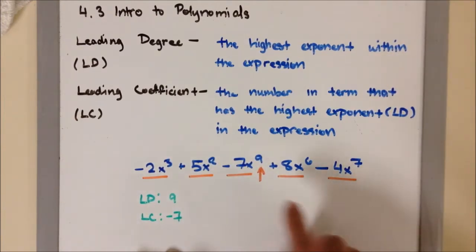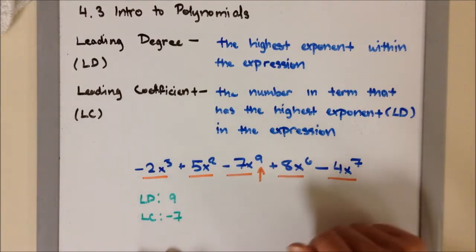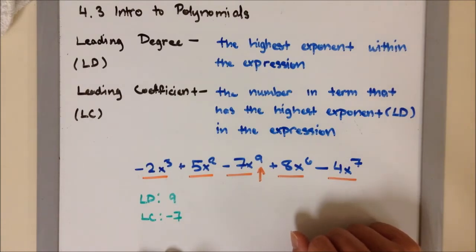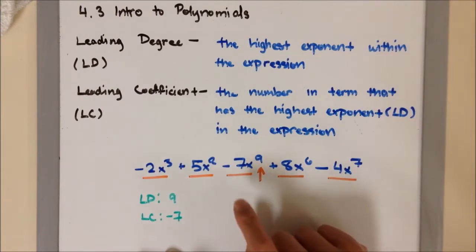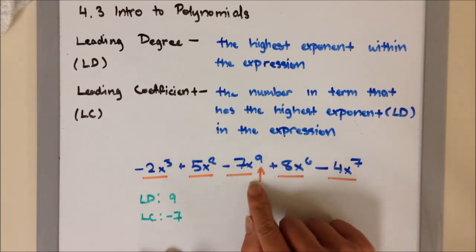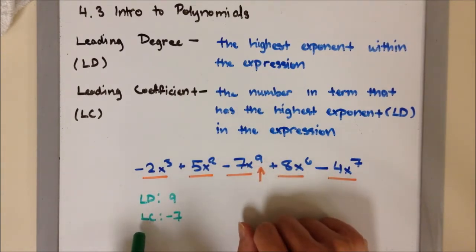Typically it is, but in the event it's not, I want you to be familiar with how to identify the leading degree, the one with the highest exponent. Just look at the exponents individually. Identify which one is the highest, which in this case is the 9. So your leading degree is 9. And then your leading coefficient is the number that's in front of the variable with the highest degree.